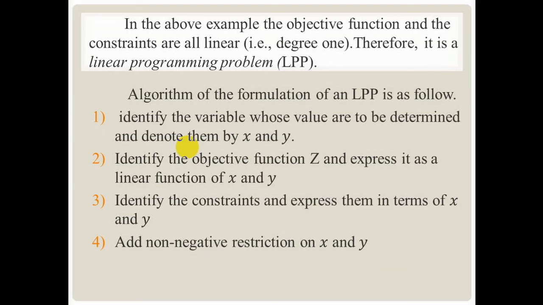Then identify the constraints, which have symbols like less than, more than, or equal to, etc. And then you need to put the non-negative restriction on x and y, everyone. So that's the explanation about formulating an LPP, everyone. I hope you understand.